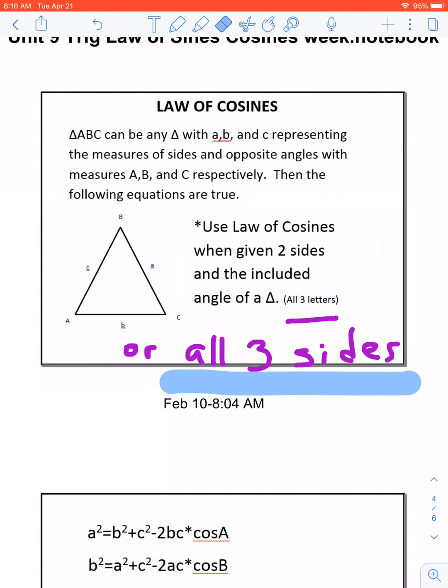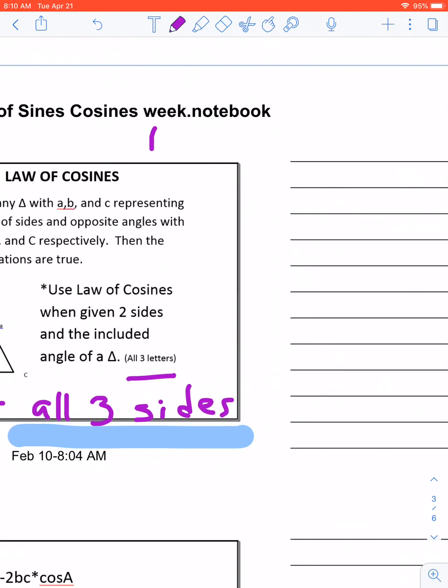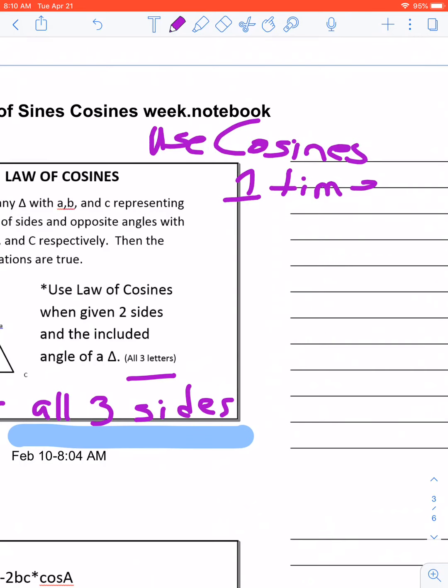What's unique about law of cosines is you only ever use law of cosines once. Then you have a pair and you go straight to law of sines. So again, let's make a little note there: use law of cosines one time, then law of sines.